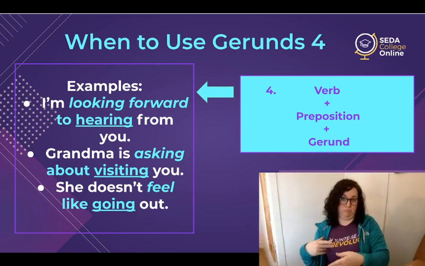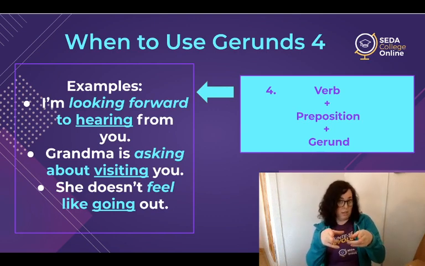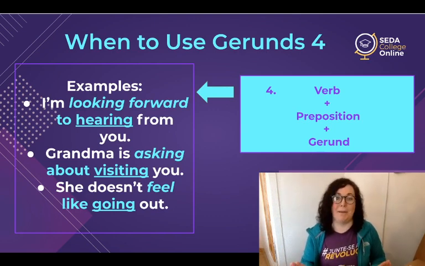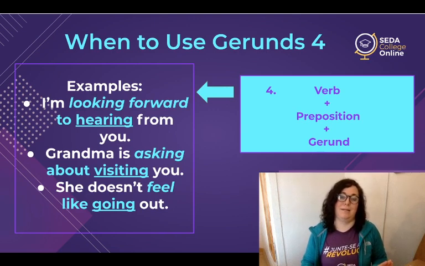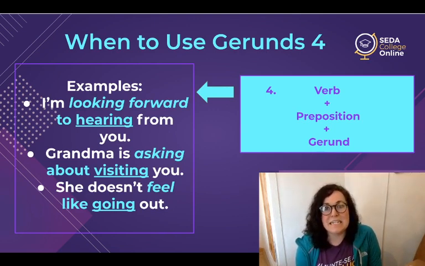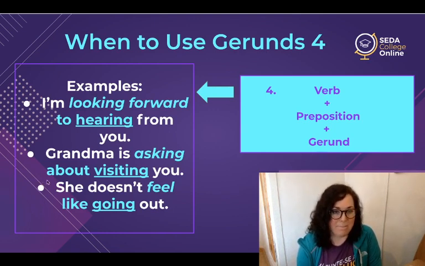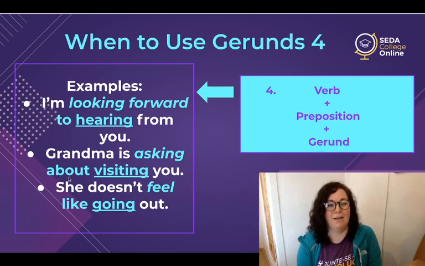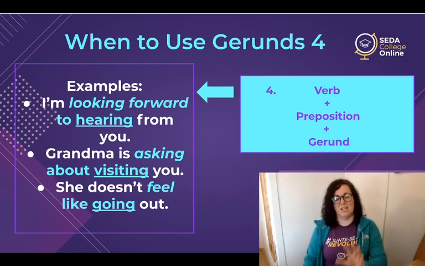So be prepared because she wants to visit you, okay? And do not say no to Grandma. Asking is the first verb, and that happens to be in the gerund. Then we have about here, the preposition. And then we have visiting, the final gerund, in the complicated formula that makes English.